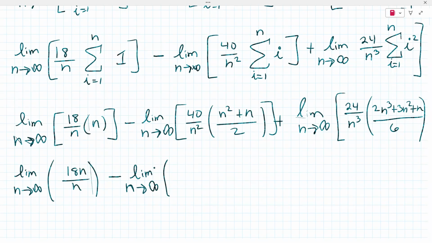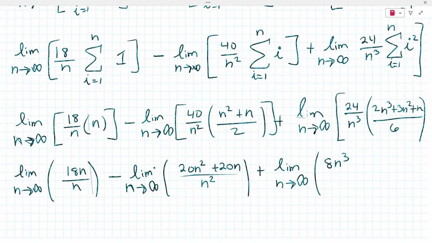If you FOIL this out, this is going to give you 20n squared plus 20n all over n squared, plus the limit as n approaches infinity. If you FOIL this out, you're going to get 8n cubed plus 12n squared plus 4n, all over n cubed.